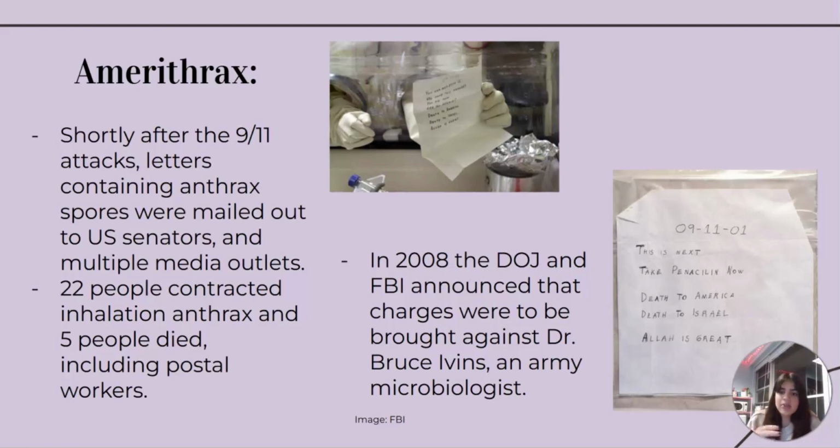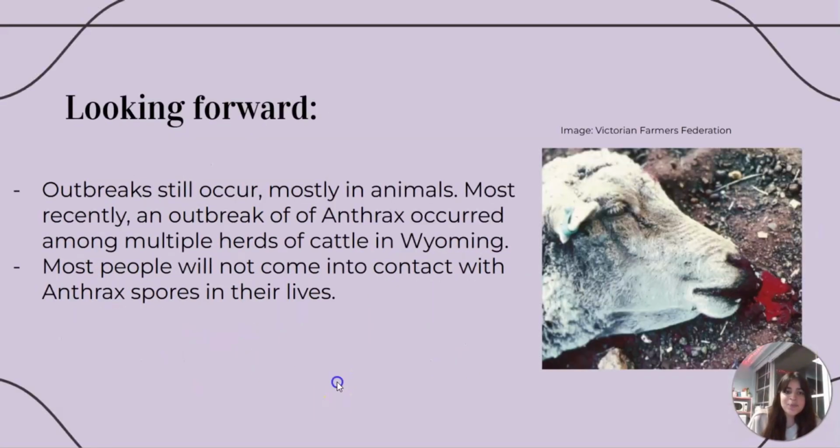And as you can see, I also have a picture of one of the letters, and it's dated 9/11, and it says, take penicillin now, this is next. There are other ones that say, you have anthrax now, you're going to die. So there's still speculation as to who actually sent out the letters.